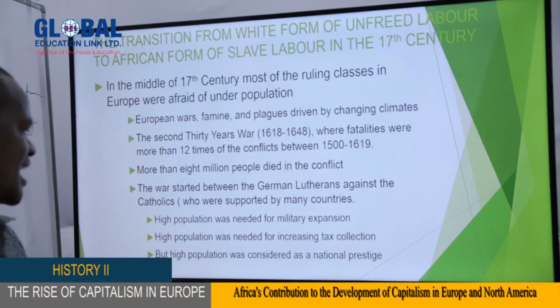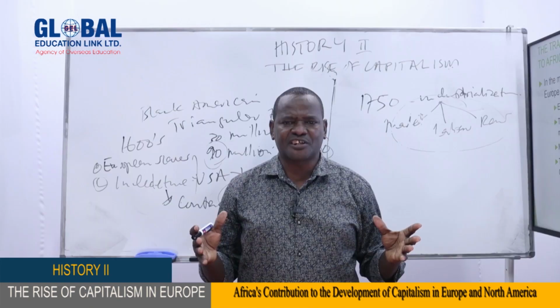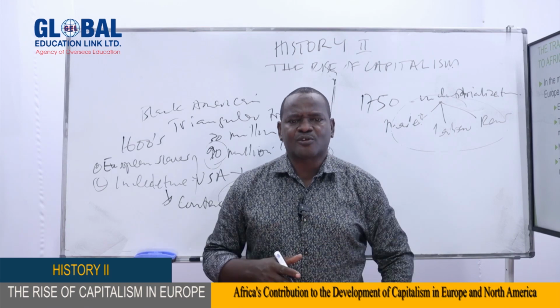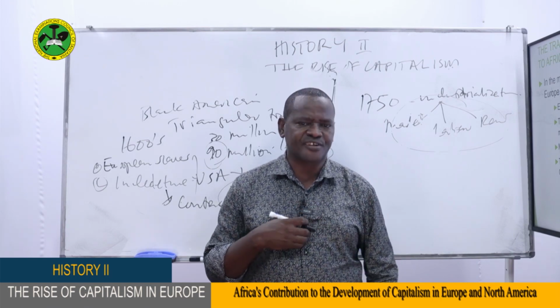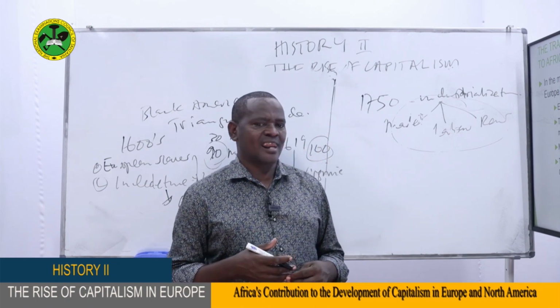But lastly, high population was also considered important because it was a national prestige. A country which has got high population was also considered a powerful country, and so on and so forth. So it was a prestige for a country to have large population.